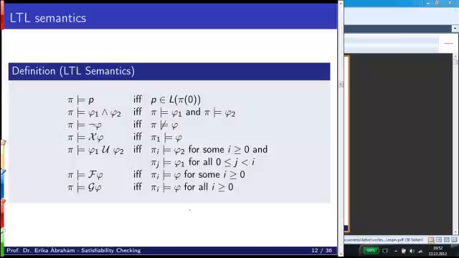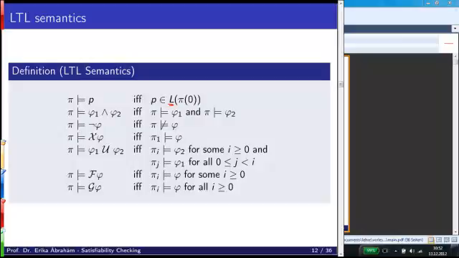So formally, the semantics is: a path satisfies an atomic proposition if this proposition is in the label set of the first state. This is the labeling function. A path satisfies the conjunction if it satisfies both operands of the conjunction. It satisfies a negated formula if it does not satisfy the non-negated formula.